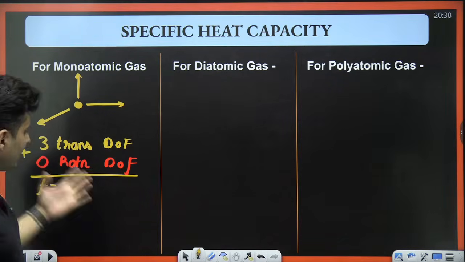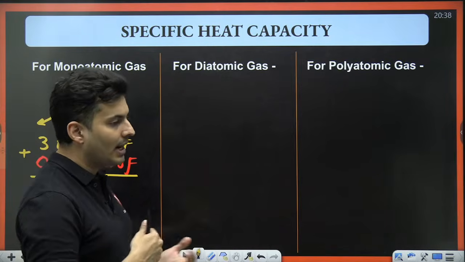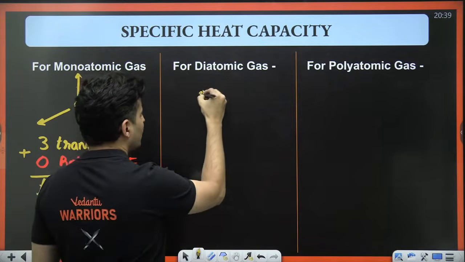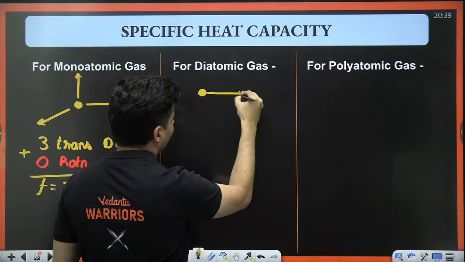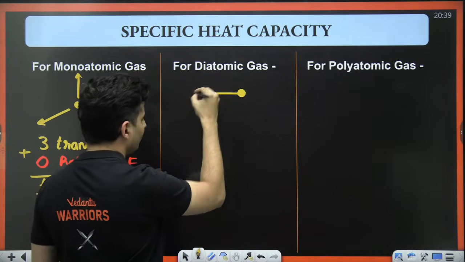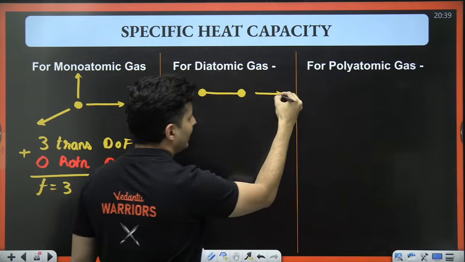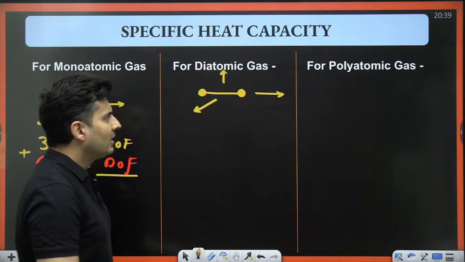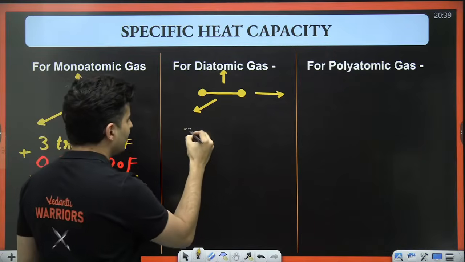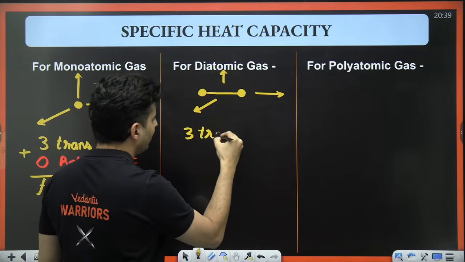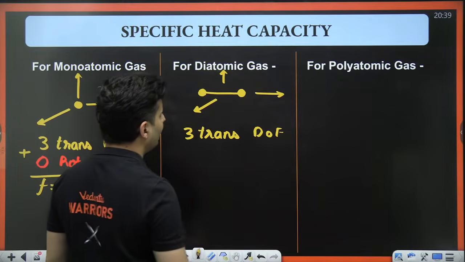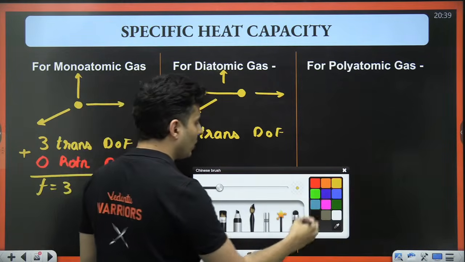Very good. Next important thing, for a diatomic gas, okay, so 2 atoms connected by a bond length over here. The molecule can move like this, the molecule can move like this, the molecule can move like this. These 3 translational degrees of freedom are definitely going to be counted. What about rotation?